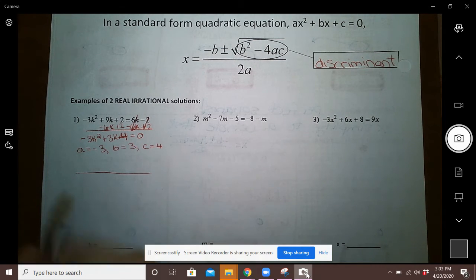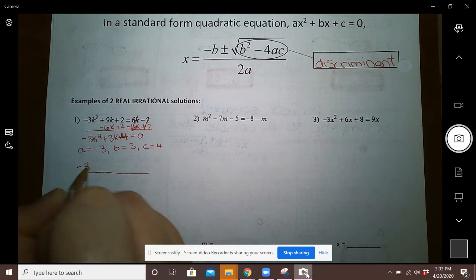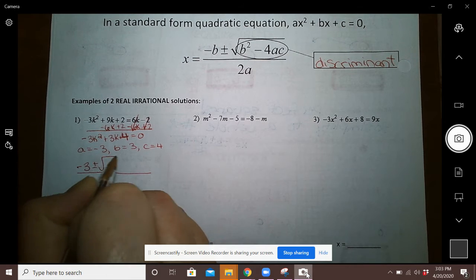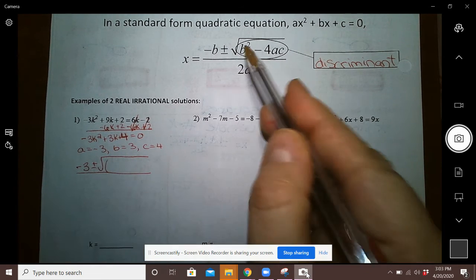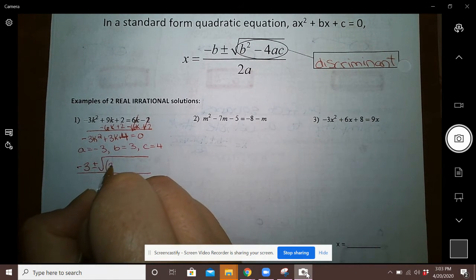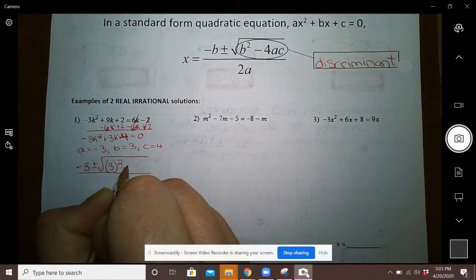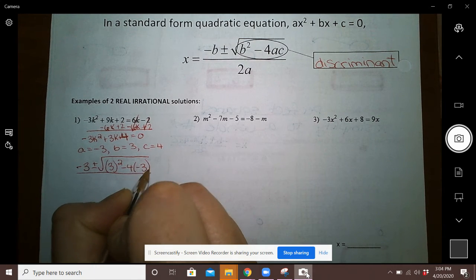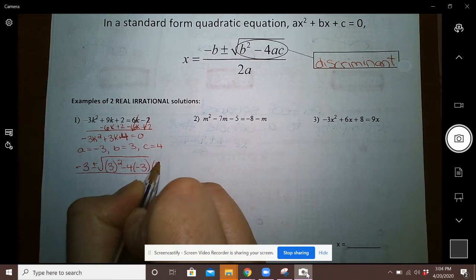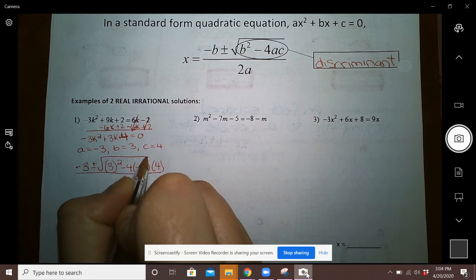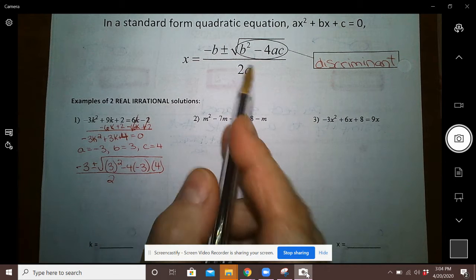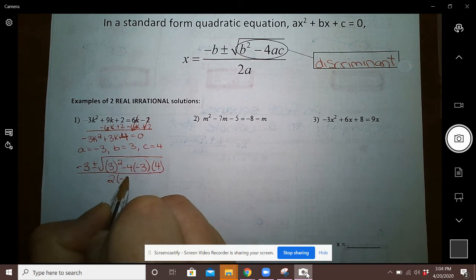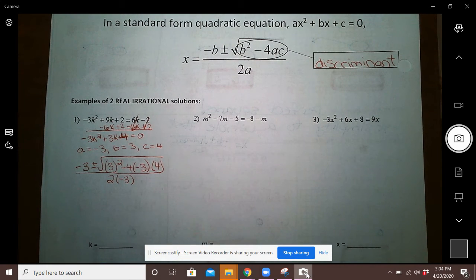My b value is positive, so I'm going to plug it in as negative 3 plus or minus square root of b squared, which will be 3 squared, minus 4 times the a value, which is negative 3, times the c value of 4, all over 2 times the a value of negative 3. Make sure you've written that down correctly before we keep going.